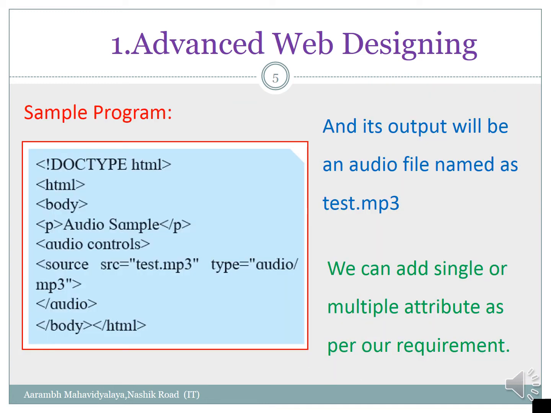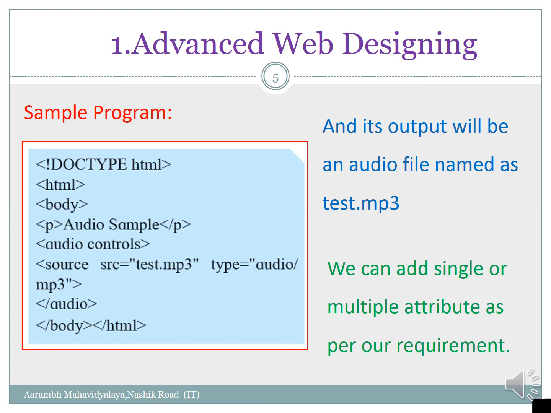Now see the sample program to insert an audio file on a web page. Here, as we are using HTML5, we have to specify exclamation mark DOCTYPE html on the first line to indicate that the document type is HTML. The next part of the program is as usual as we saw last year.